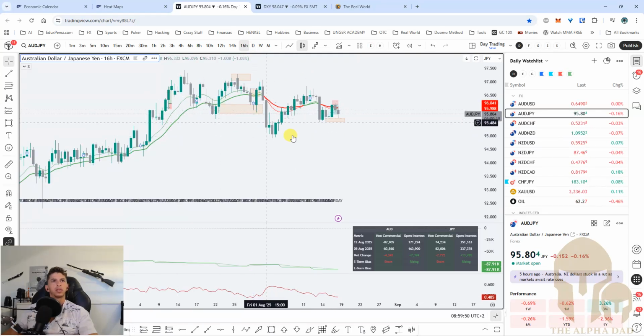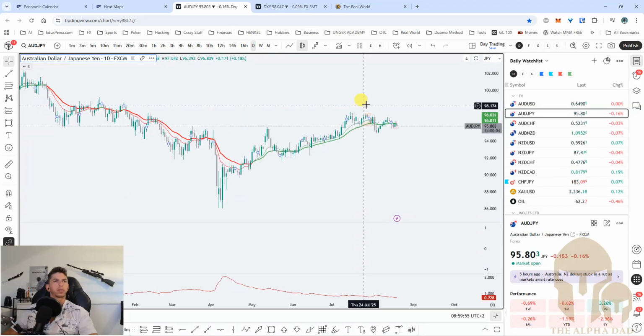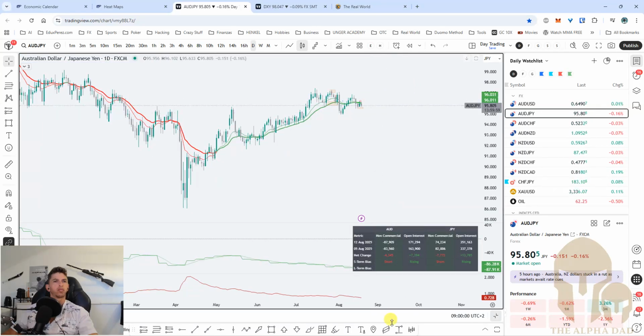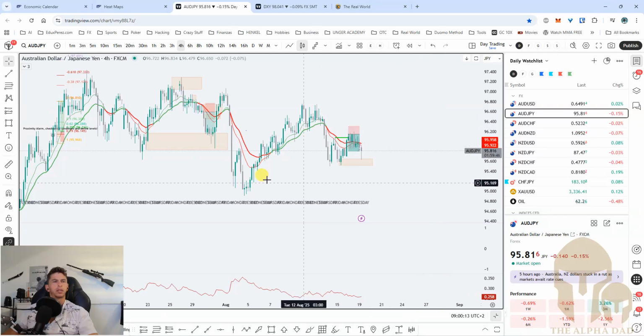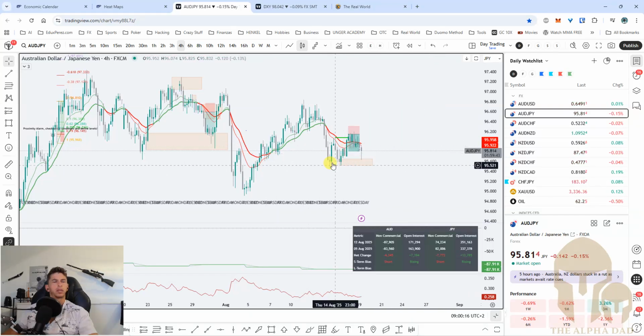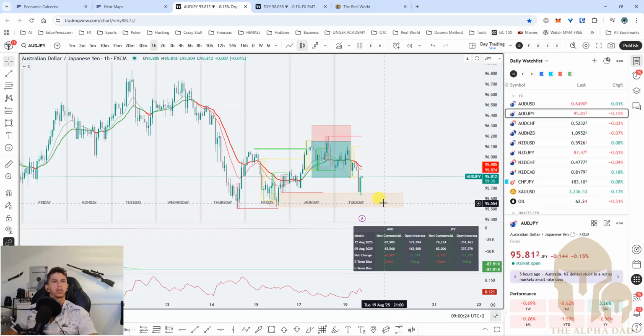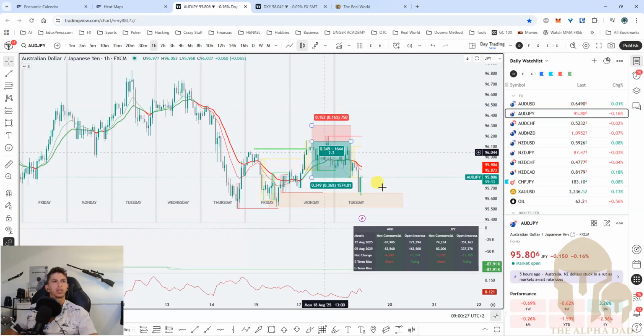We are kind of in a consolidating environment, so daily. If we see non-commercials are short on both, so that tells us absolutely nothing. Let's check the 4 hour again. They're clearly rejecting that demand area. Strong rejection, but still falling.